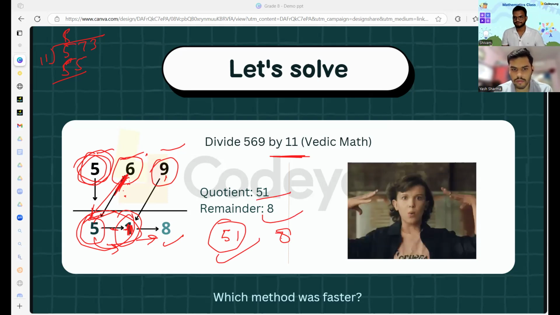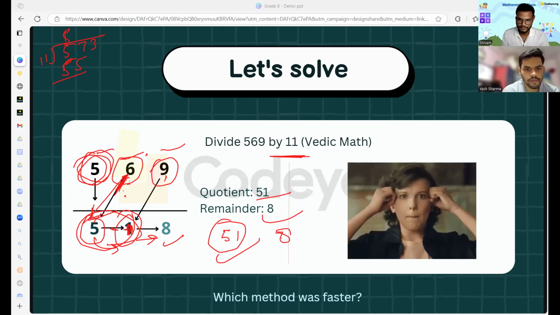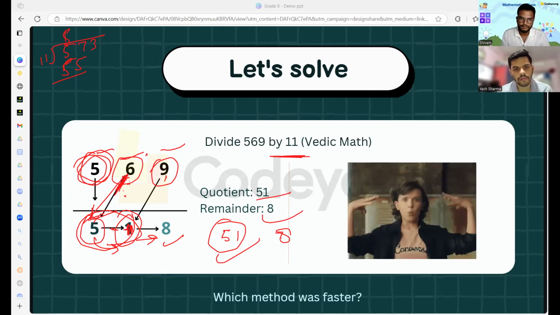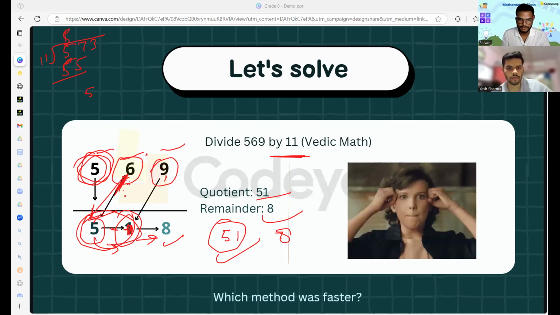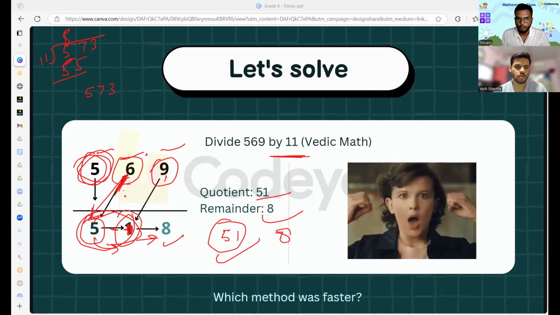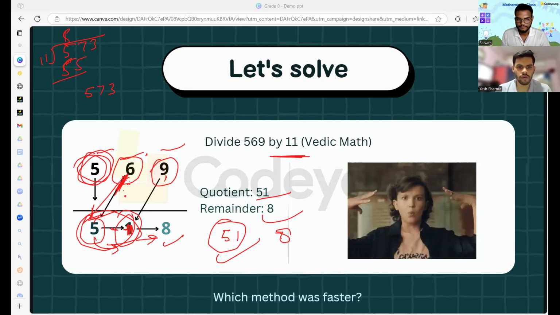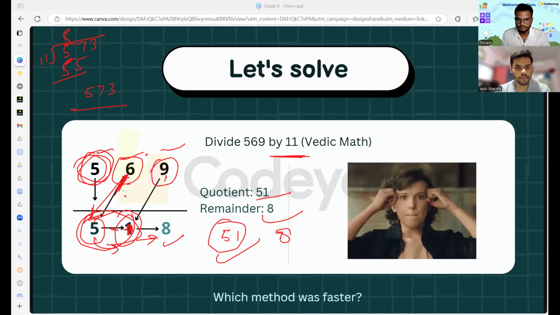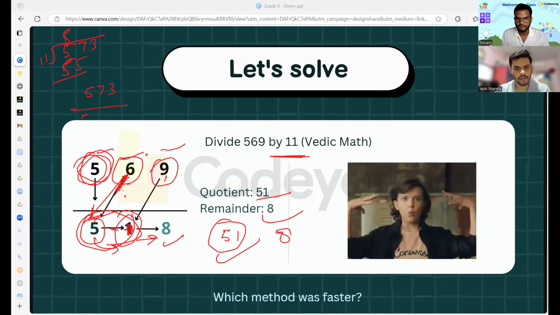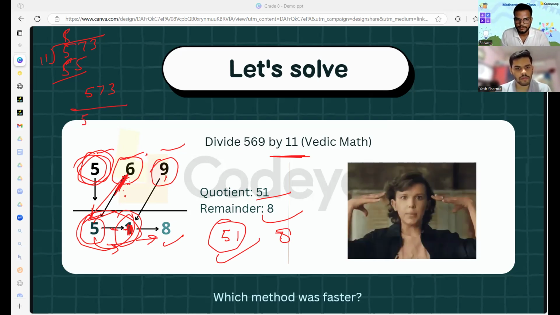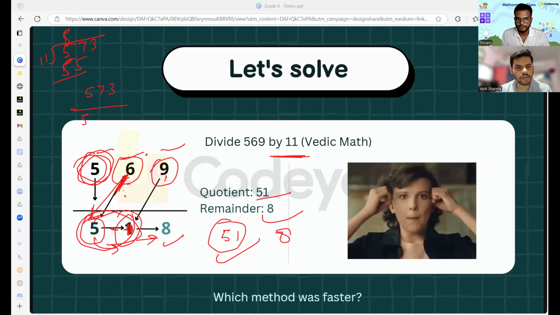Got it? Let's try one example. Let's say I have said here 573. Write it like this, 573. What do you have to do? Tell me. First write the first digit, 5, as it is. Then what do you have to do?